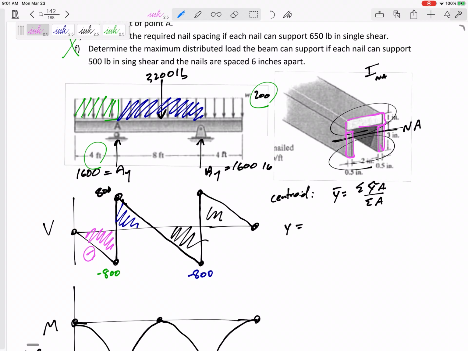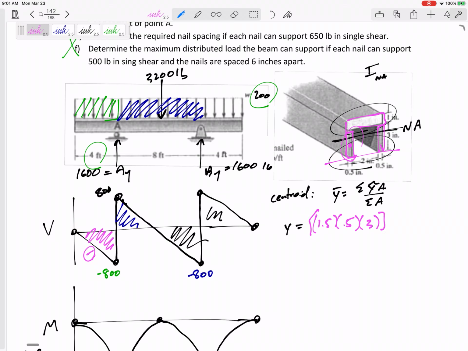I'm going to measure these from the bottom. So for this first shape right here, the location of its centroid would be 1.5. Let me see here. I do this a little differently than what I'm following, so follow it with me here, see if we can get this right. 1.5 would be the Y tilde for that shape, and its area is 0.5 by 3.